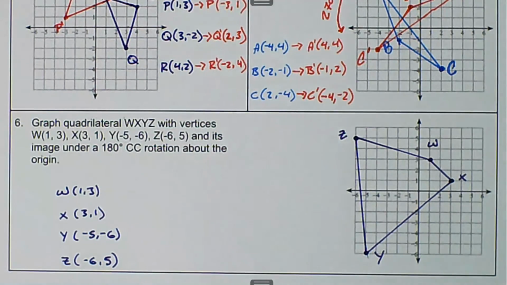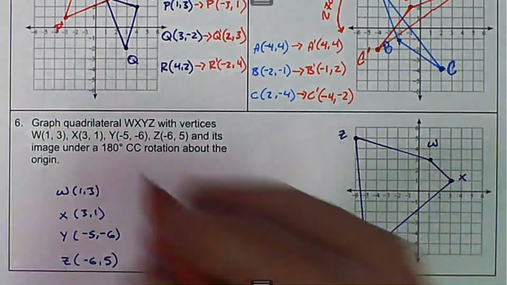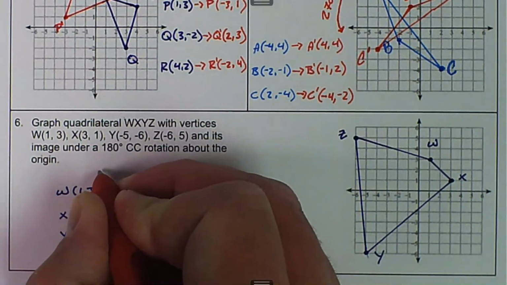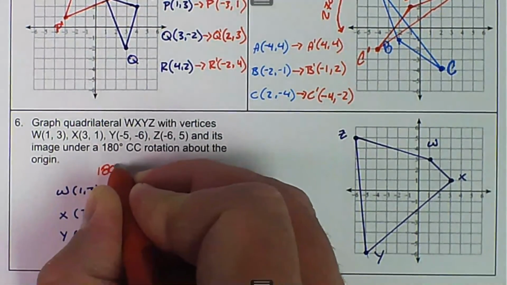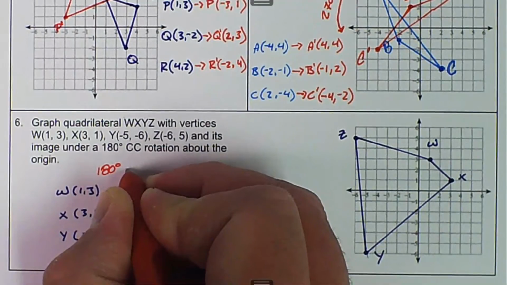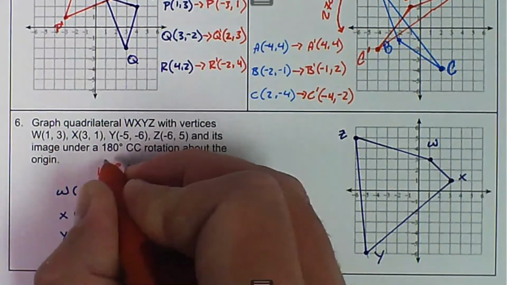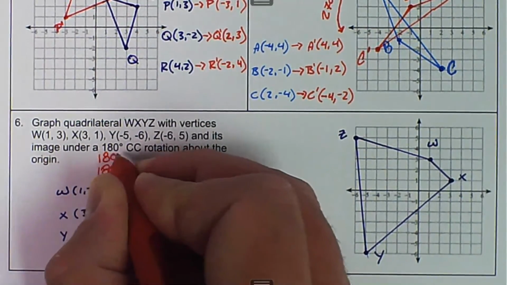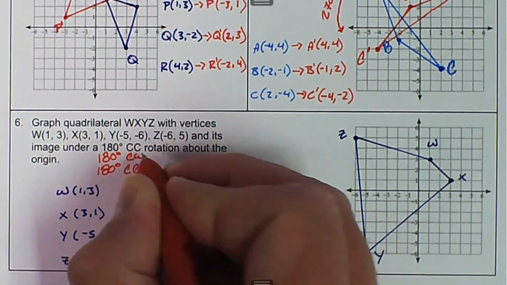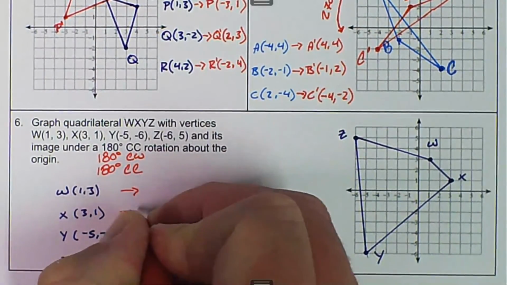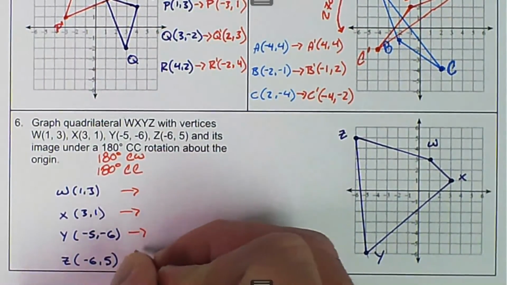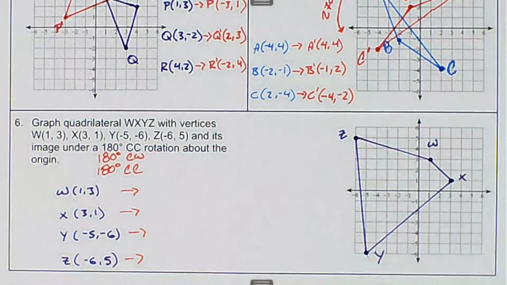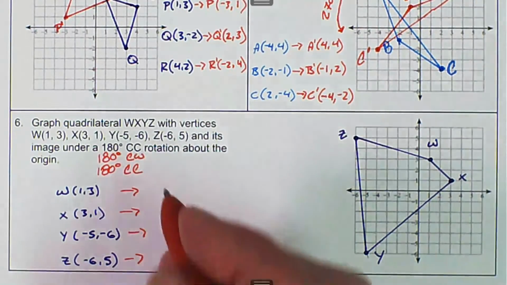So we're going to do 180 degrees clockwise. Or 180 degrees counterclockwise, which is the same as 180 degrees clockwise. Either one is the same. And all we have to do is just write down the coordinates.